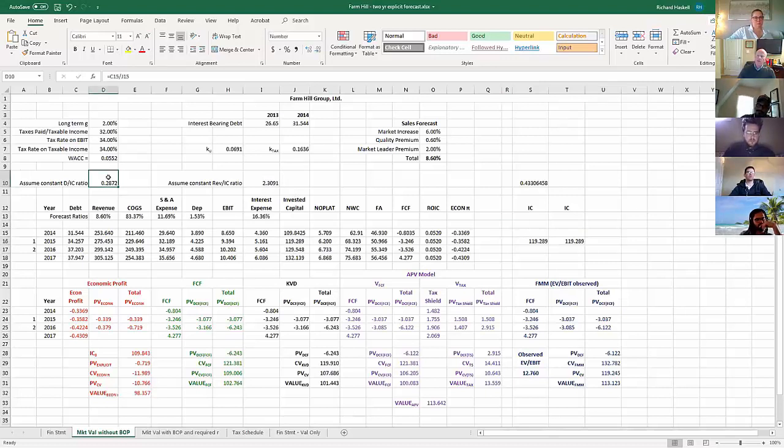I've also given myself an assumed debt to invested capital ratio. Why do I give myself this ratio when interest expense is not part of free cash flow? Why did I bother forecasting debt? You remember free cash flow has got nothing to do with interest expense, right?